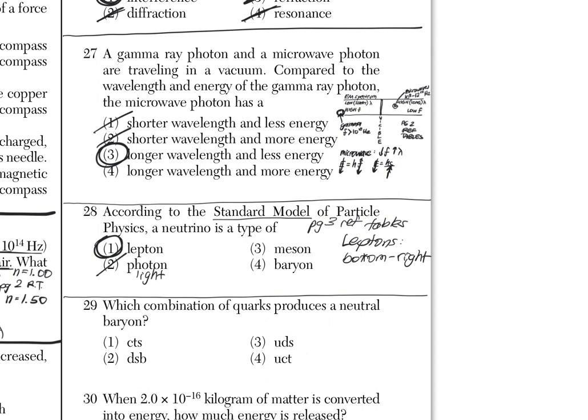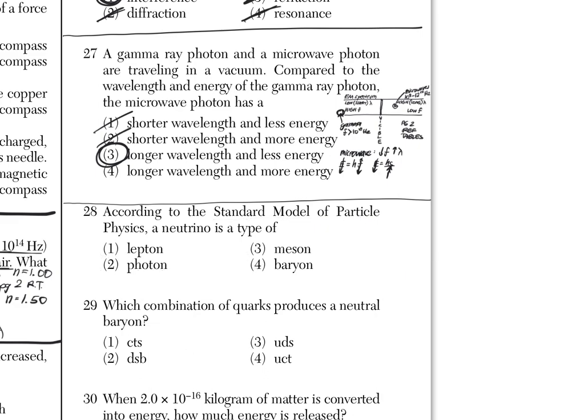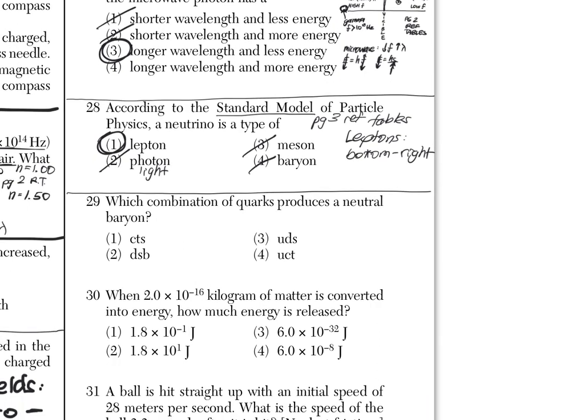And then a meson is a quark and an antiquark, and a baryon is three quarks. I can see that that's given in the bottom left corner of page 3. So it's not a meson, it's not a baryon, it is definitely a lepton because it says it on the ref tab, straight up right there.